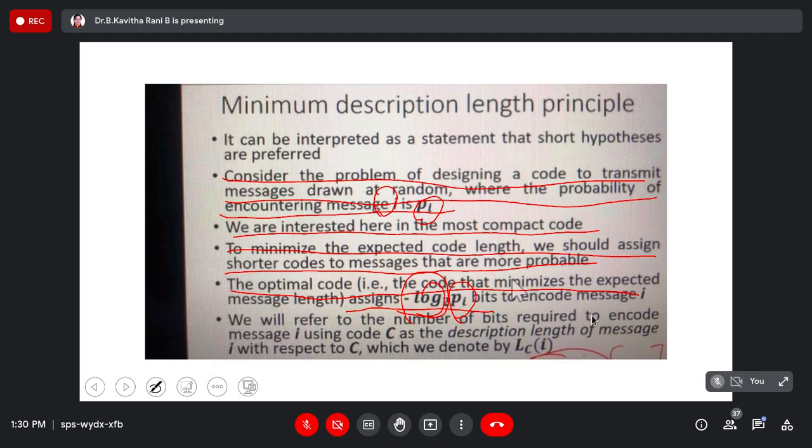We will refer to the number of bits required to encode message i using code C as the description length of message i with respect to C, which we denote by L_C(i). So C is the code used to encode the message i, and its probability is p_i.